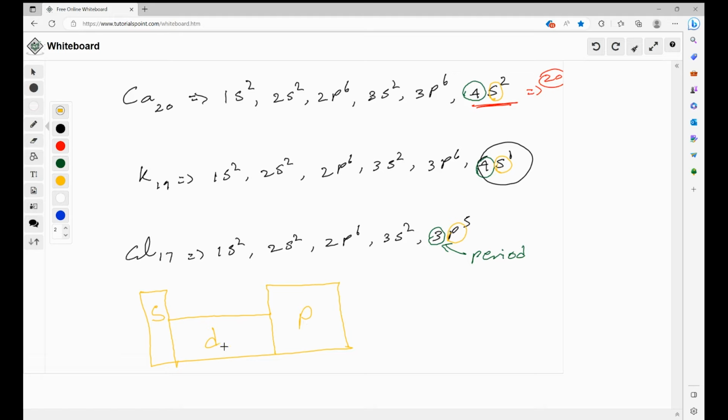I'll come to the D part later. And these numbers over here will tell you which group they belong to. As everyone knows about periods and groups, right? The horizontal rows we call periods.